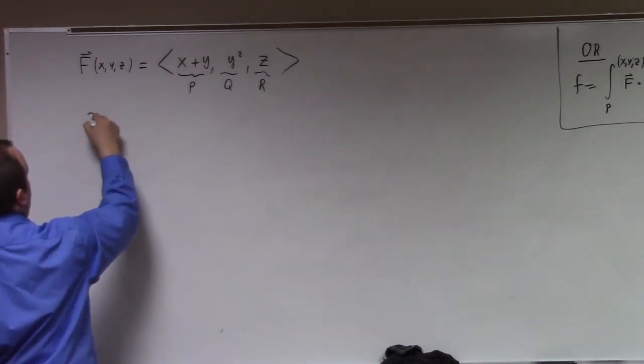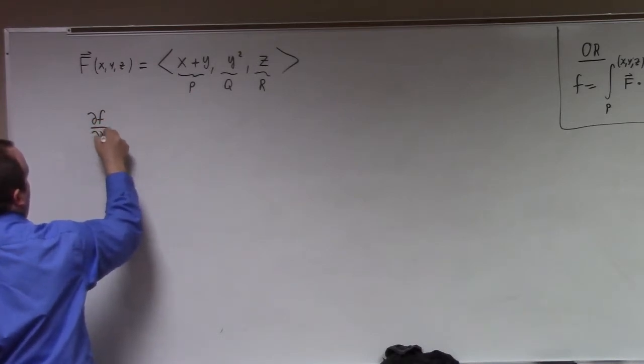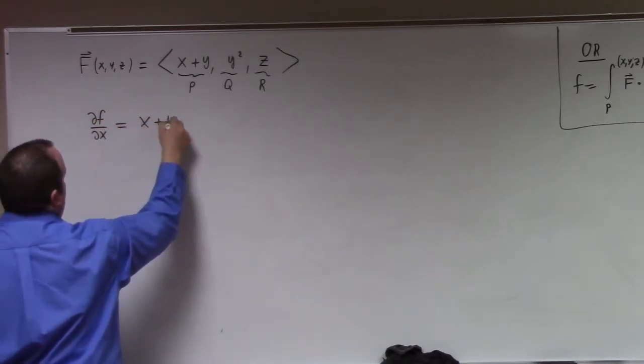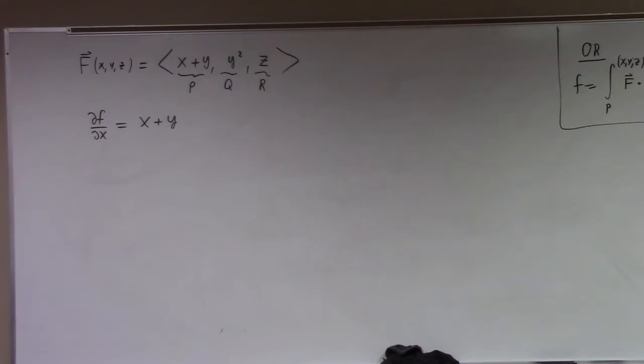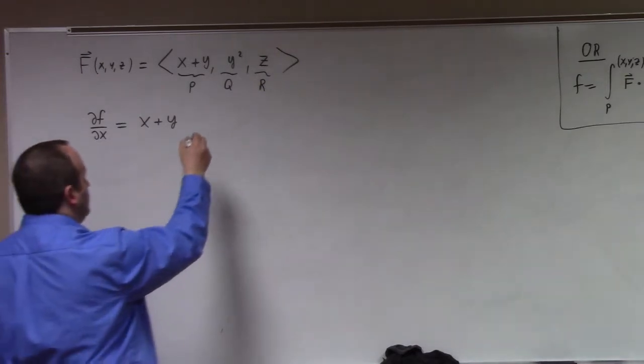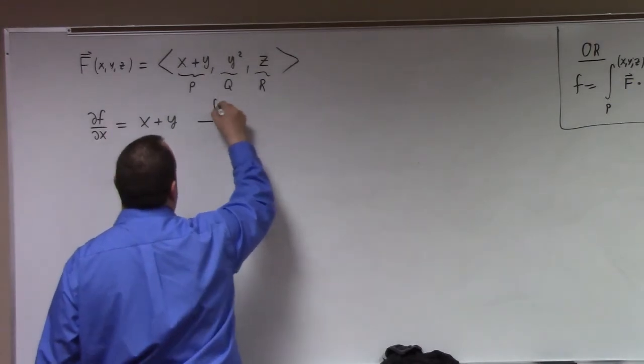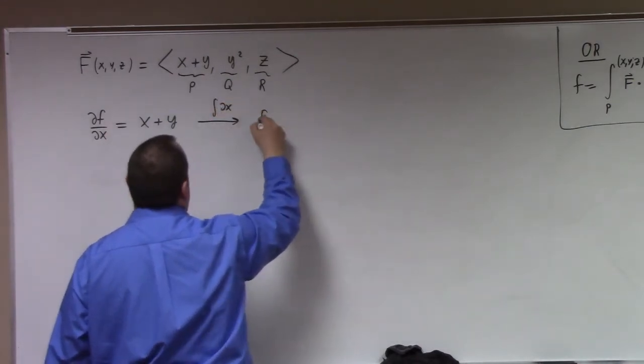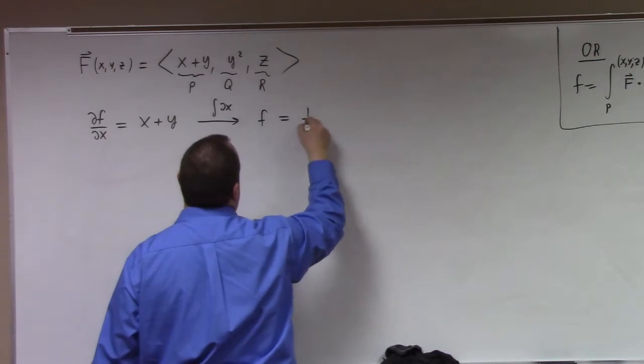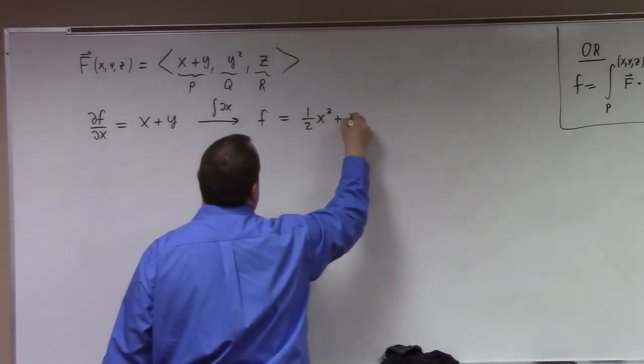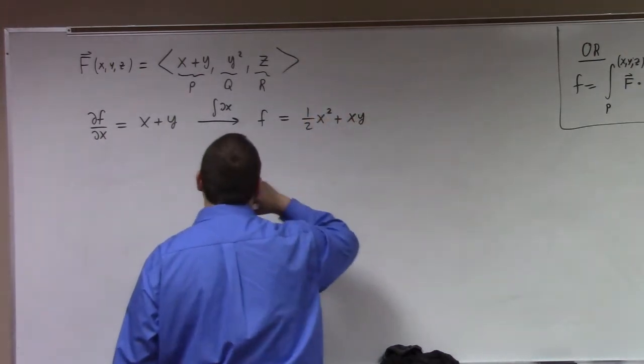So to start with, we're trying to solve partial f, partial x equal to x plus y, right? Integrate with respect to x. This gives us f equals 1/2 x squared plus xy, right?